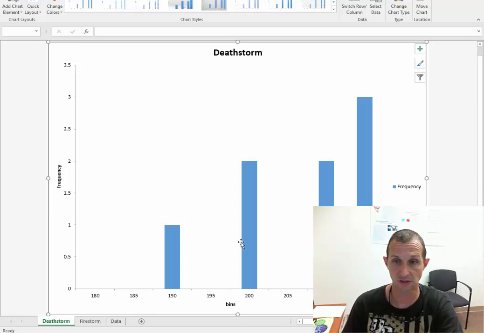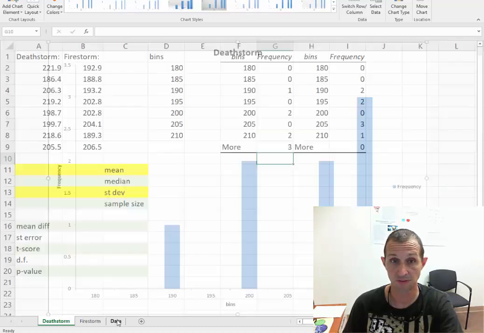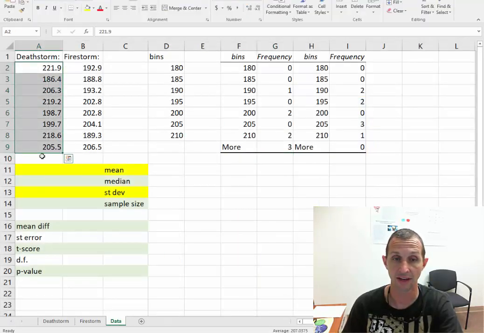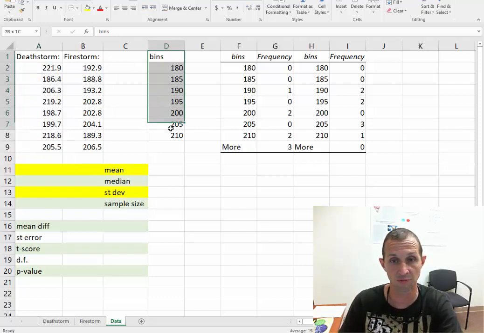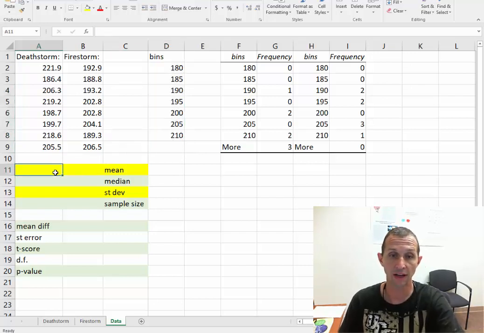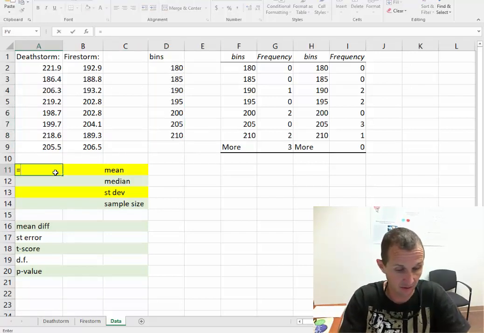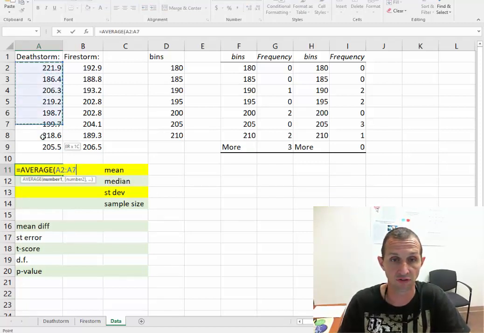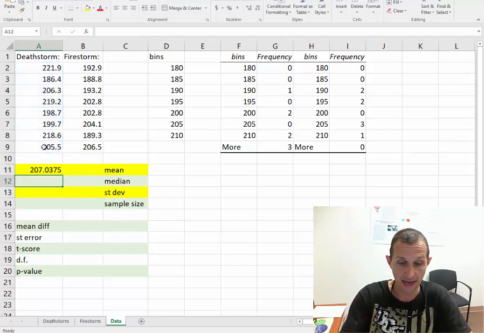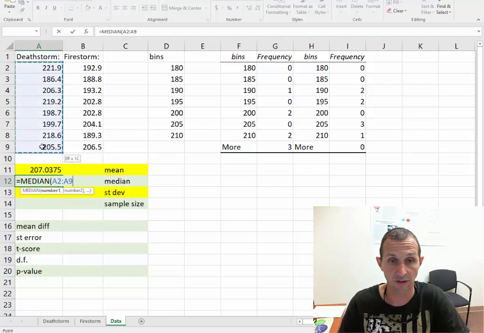It actually looks like it's skewed to the left a little bit, and this could be because of the bin size that I chose, or it could just be because I only have 8 values. I could do one of two things. I could play around with the bin sizes and see if I can make it look normal, or I can look at the mean or average function for the 8 values and the median for all 8 values.